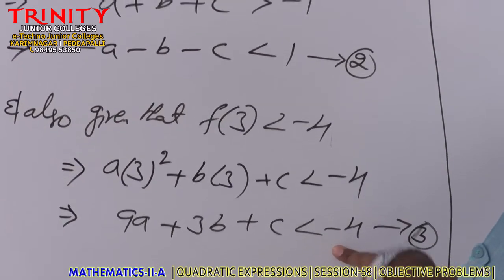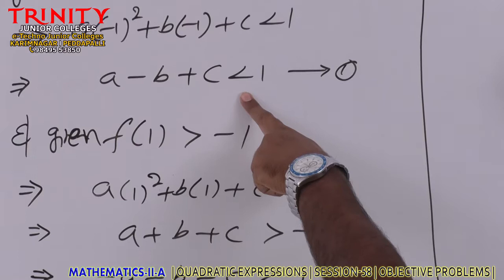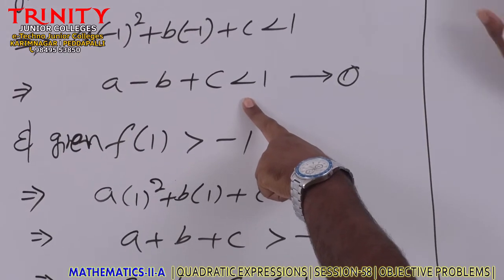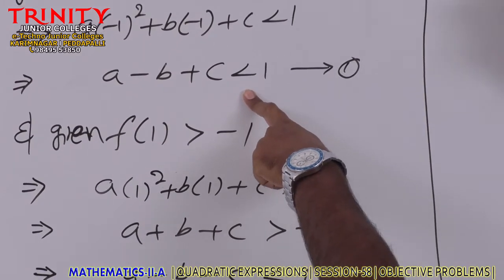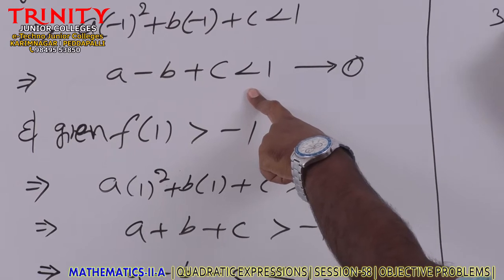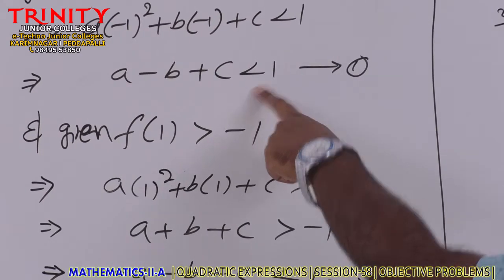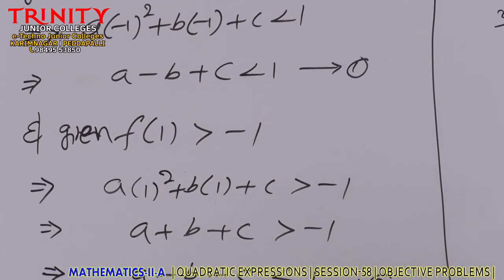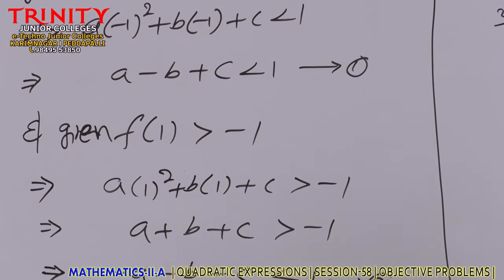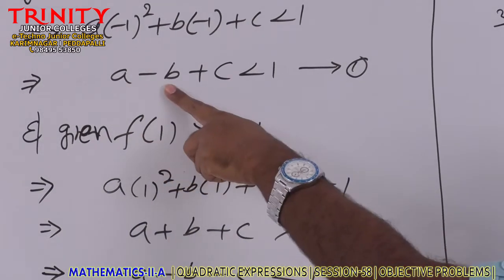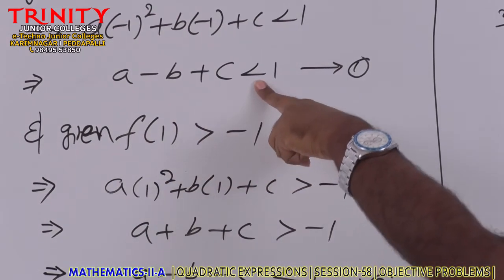And the first inequality we are multiplying with 3. 3 into first one: 3a minus 3b plus 3c is less than 3.